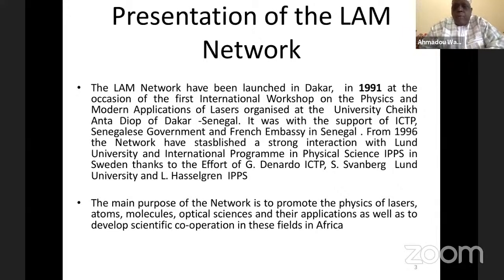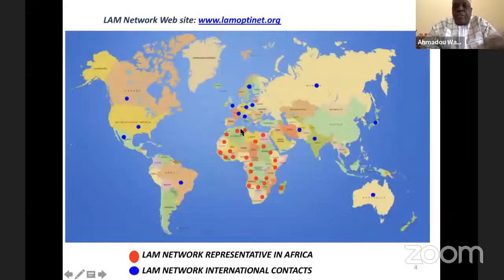For the network, it is important because all the work we have done concerning laser spectroscopy in plant monitoring and in medicine was done in the framework of this African Laser, Atomic, Molecular, and Optical Science Network, which was launched in Dakar in 1991 at the occasion of the first international workshop.